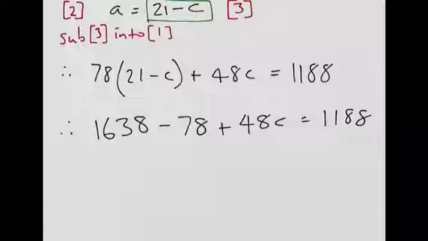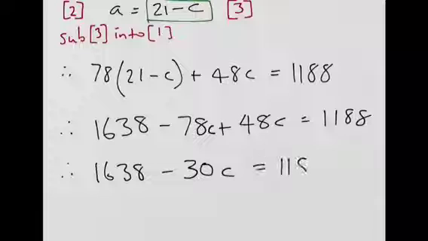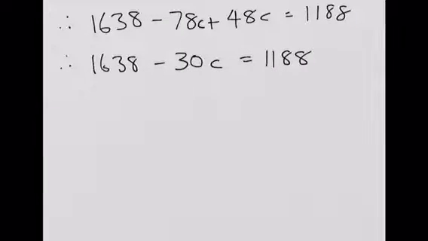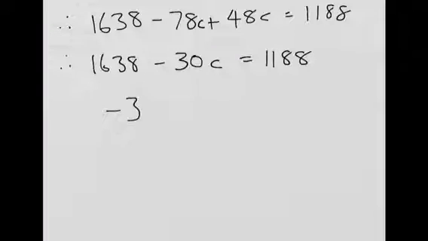Therefore 1638 minus 30C equals 1188. Then we subtract 1638 from both sides, so 1188 minus 1638 gives us negative 30C equals negative 450.